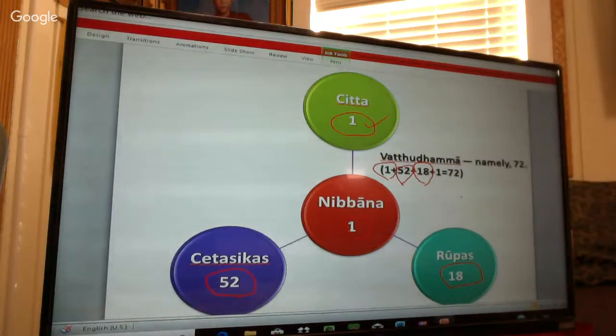Nibbāna also has its own characteristic, so we count 1. So altogether, we get 72 like this. In this chapter, we say Vatthu Dhamma. In Pali, Vatthu Dhamma.